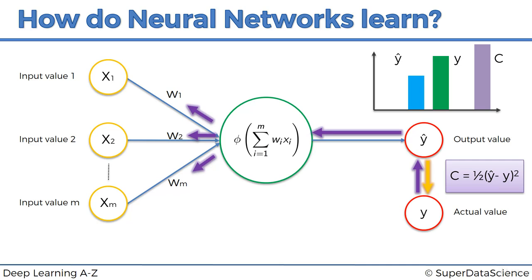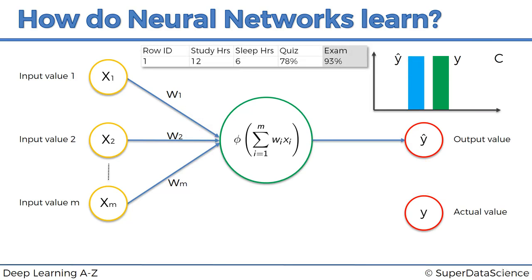Basically, the only thing that we have control of in this very simple neural network are the weights, W1, W2, all the way to Wm. And our goal is to minimize the cost function, so all we can do is update the weights. So we update the weights, tweak them a little bit, and how exactly we'll find out further down. But for now, we agree that we update the weights, and then we continue.